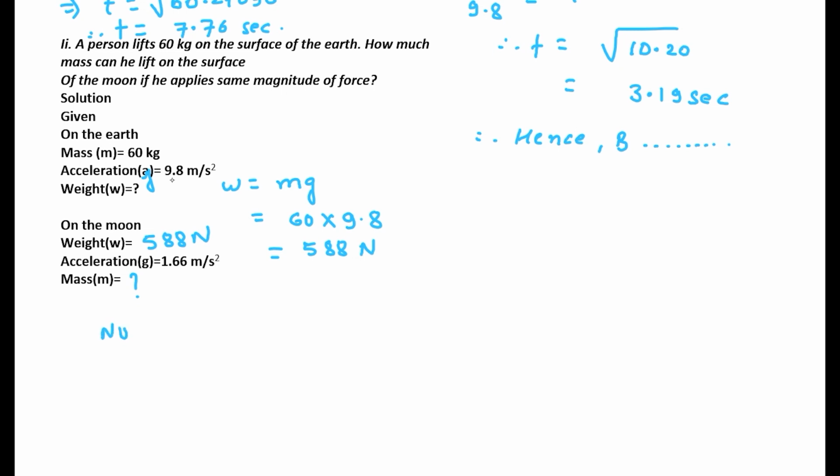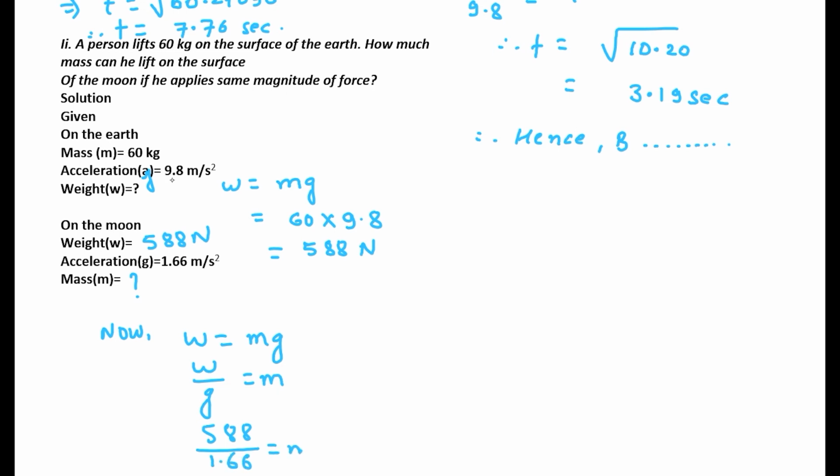So now in the second case, weight equal to mg, and we have to find the value of mass. So weight divided by g equal to m, where weight is 588 and the value of g is 1.66.